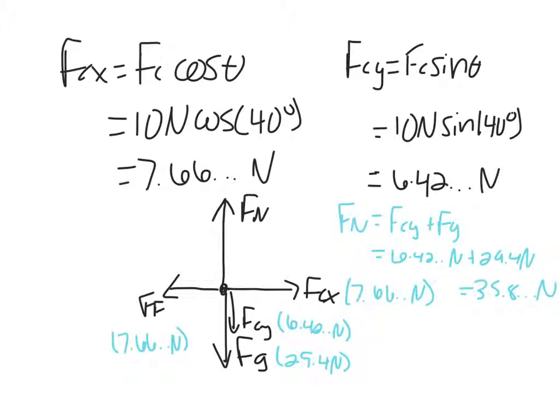Two things we were looking for were frictional force and normal force. We just solved for both of those. So with sig figs, frictional force is about equal to 8 newtons, and the normal force is approximately 40 newtons.